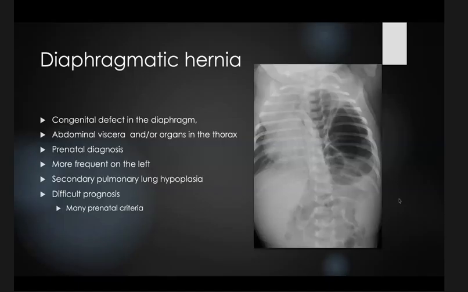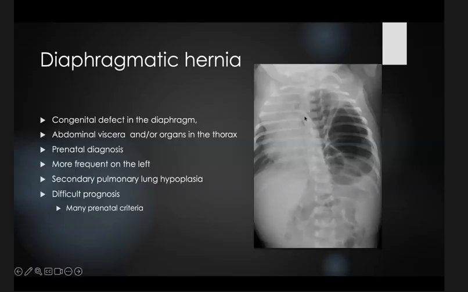Diaphragmatic hernias are congenital defects in the diaphragm in which abdominal viscera and or organs get into the thorax antenatally. So it's a prenatal diagnosis, unless they're super small, but usually we diagnose them before delivery. It's more frequent on the left, and it has secondary pulmonary hypoplasia.